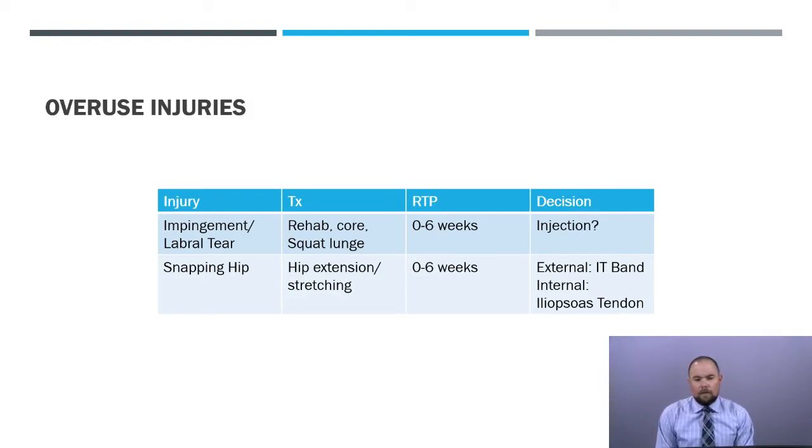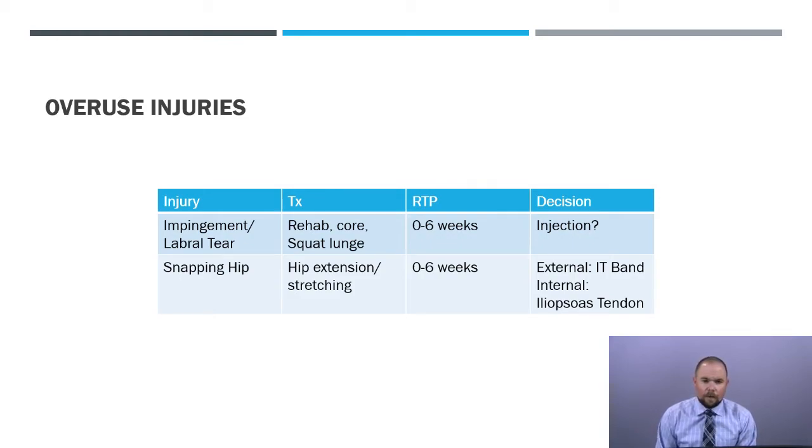Now, if the pain persists or they're still having quite a bit of symptoms, you can get an MRI arthrogram of the hip to evaluate more closely for the labral tear, or you can also do a diagnostic therapeutic injection of steroid to see if that improves their symptoms.